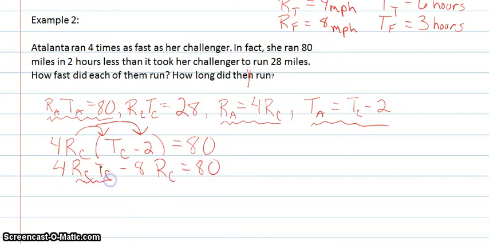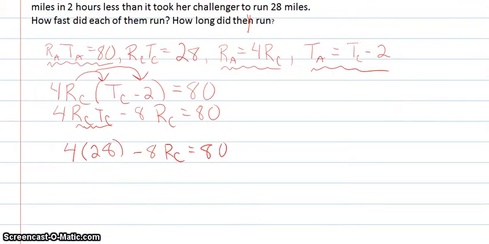And the R sub C, T sub C is equal to 28, so we can fill that in. 4 times 28 minus 8 R sub C equals 80. Now 4 times 28, that's 112 minus 8 R sub C equals 80. Then I would subtract 112.